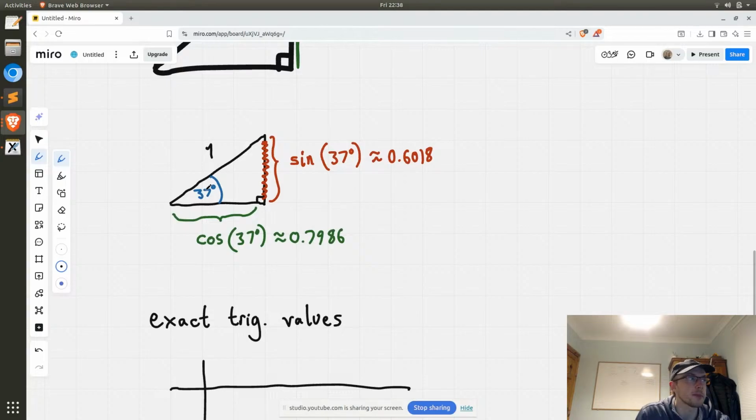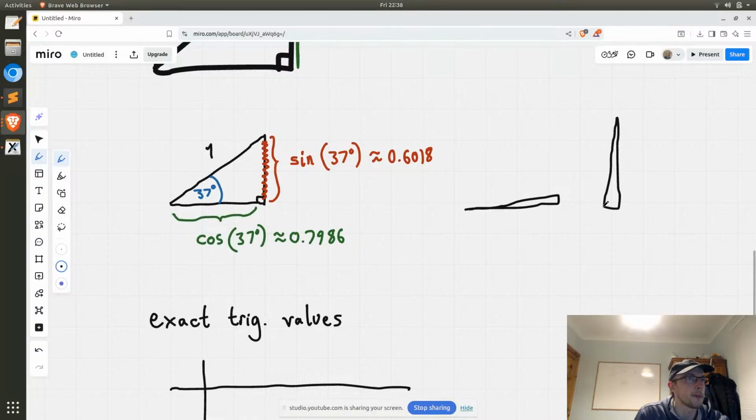What could it possibly be? Well, it could be any number from 0 degrees, which would be a really, really flat triangle, all the way up to 90 degrees. So imagine if that 37 degrees turned into 89 degrees. It'd be a really skinny and tall triangle.